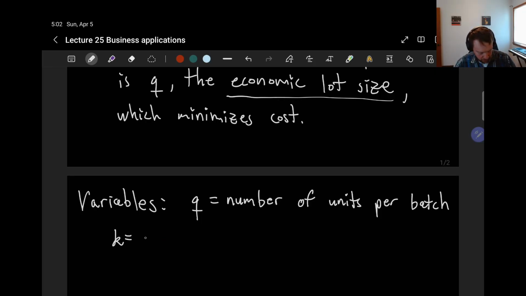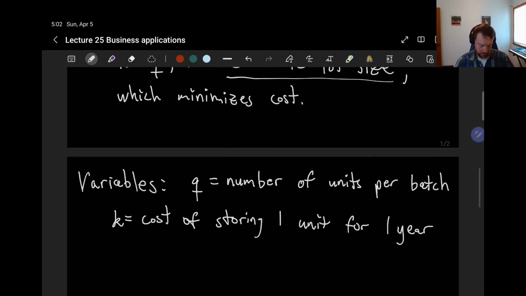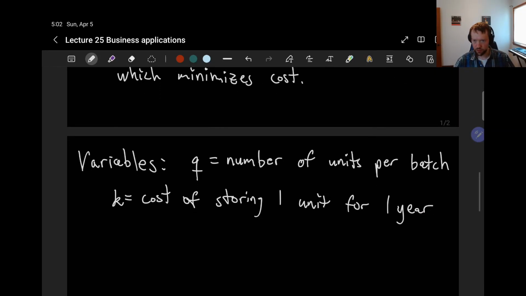K is the cost of storing 1 unit for 1 year. Remember, we have storage costs because we're not using everything all at once. So K will be the cost of 1 case of our product for 1 whole year. That cost of staying in the warehouse.